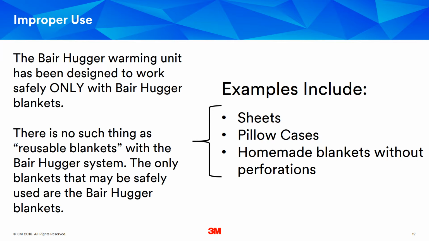These blankets can cause the safety system of the warming unit to fail, which may result in serious thermal injury. The warming unit has been designed to operate safely only with Bair Hugger blankets. At the end of this video, you will receive a website which covers this in depth. It will be helpful for you to provide the website with valuable information to your customer.